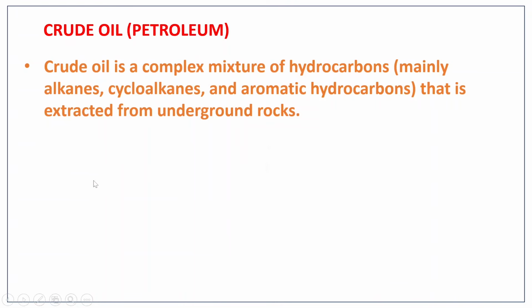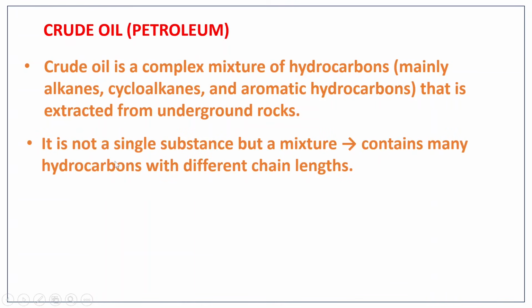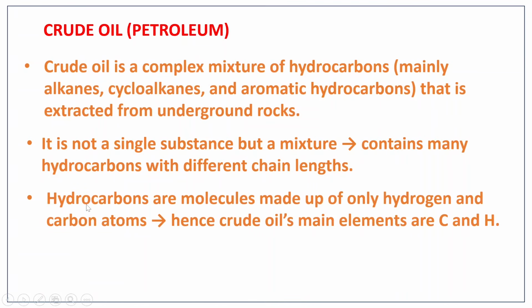What we should know is that crude oil is not a single substance, but a mixture. A mixture of what? It contains many hydrocarbons with different chain lengths. It is very important that you understand that hydrocarbons are molecules made up of only hydrogen and carbon atoms.